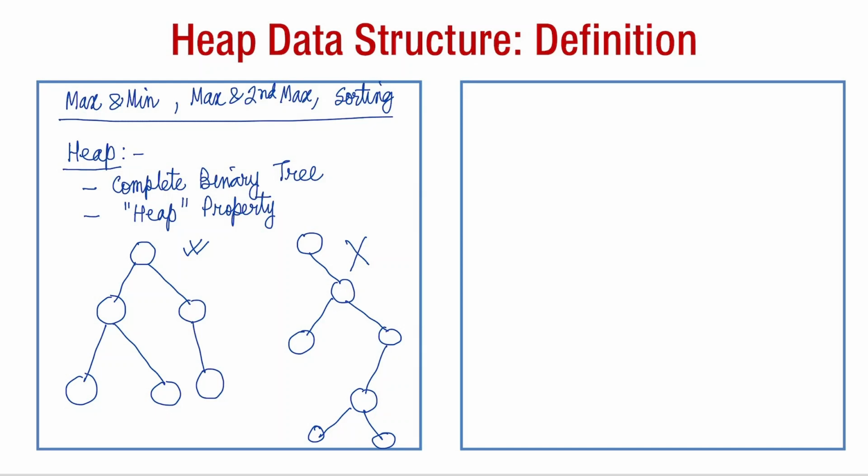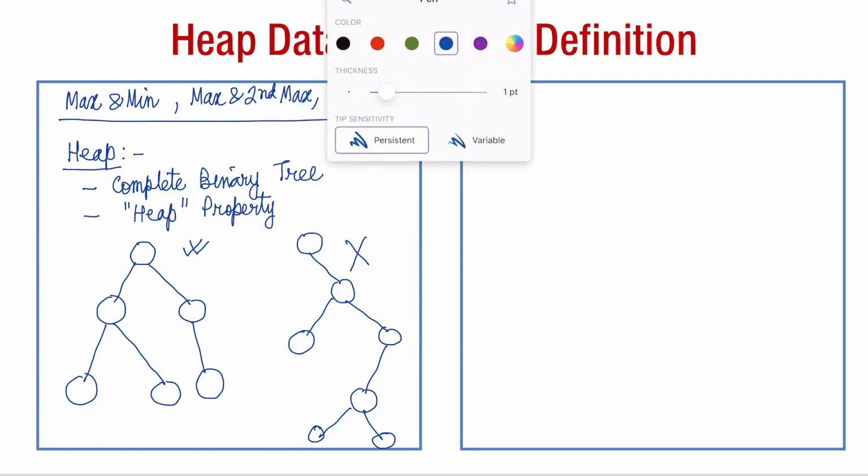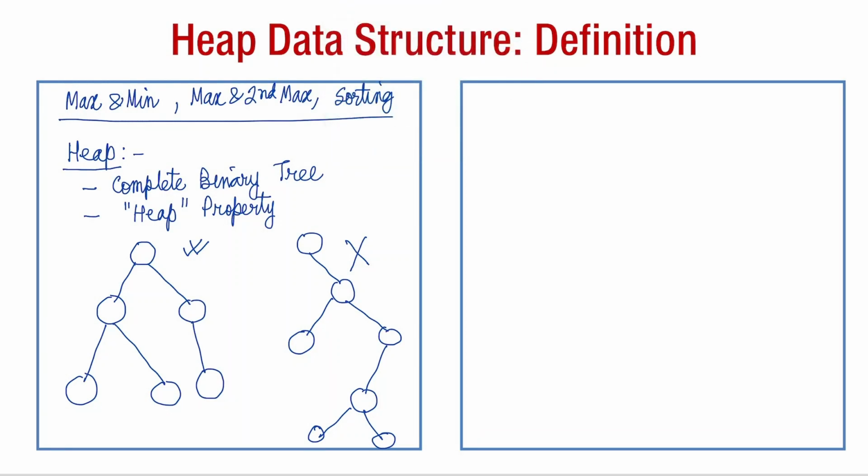The second is the heap property. The heap property states that, for any node, so what is the heap property?